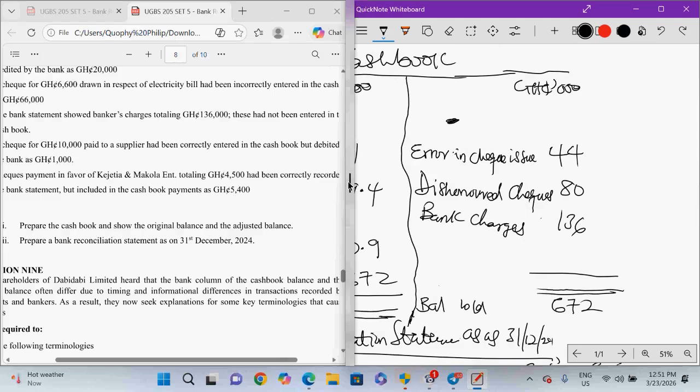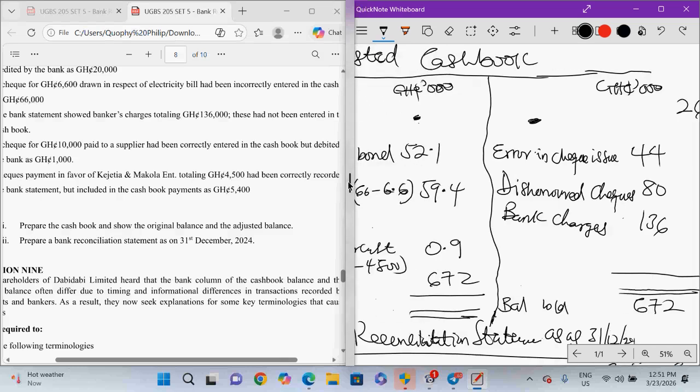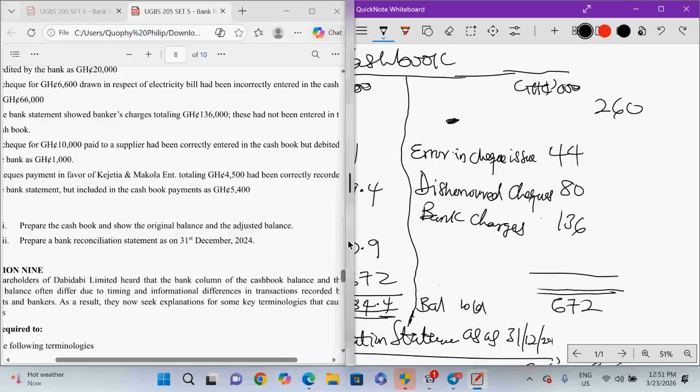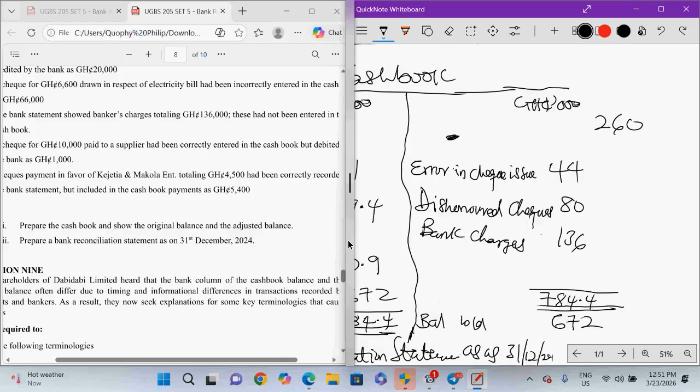What are we getting here? 160,000... 44 plus 80 plus 136. So that's giving 260. It means that on this side the balance is 784.4.